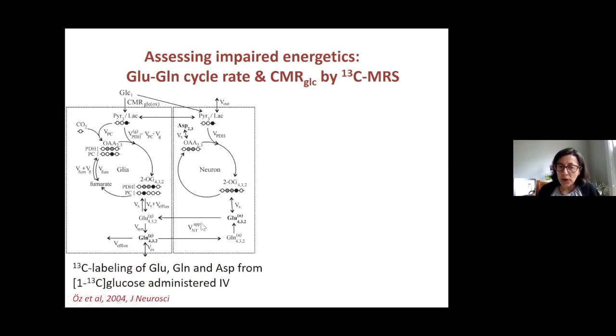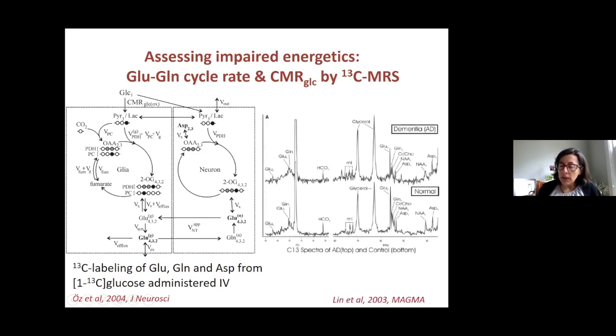This is a two-compartment metabolic model. You have the neuronal and glial compartments. People have applied this method in clinical cohorts, not through extensive modeling, but just by looking at label incorporation over time and detecting differences, in this particular case, between a control participant and an individual with Alzheimer's disease. If you look at just the glutamate signal, for example, right here, look at the intensity of this peak relative to everything else.